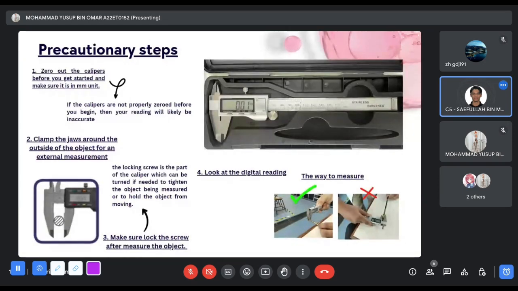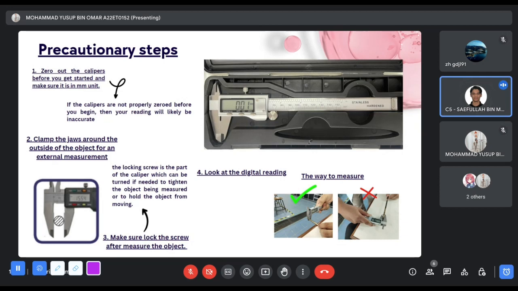Next. This is a precautionary step that we need when conducting the experiment, which is first we need to zero out the caliper before starting the experiment. The reason we need a proper zero before beginning the experiment is to make sure the reading that we get is accurate. The second is to clamp the jaw around the outside of the object for an external measurement.